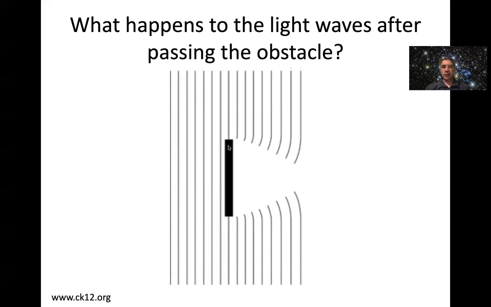Okay, so at both edges, you will get this diffraction effect here, where the waves are entering what you'd expect to be the shadow region behind here, but because of diffraction, they get bent. And you can see this if you ever are at the sea and you see water waves coming in and they encounter the head of the pier, you'll see them bending around the pier like this.